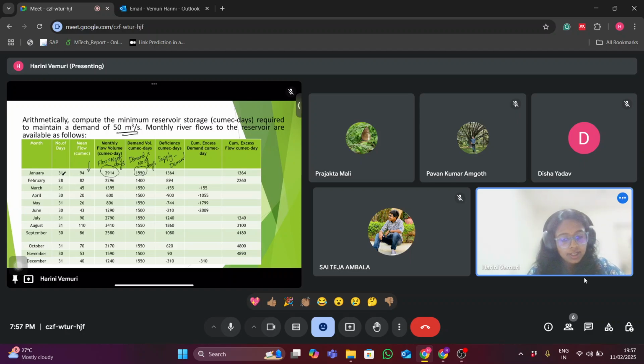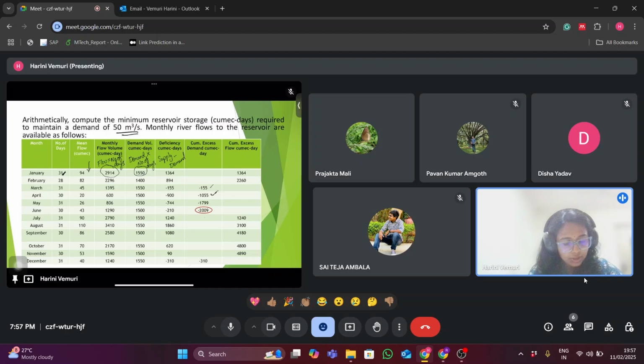Next we are only considering the cumulative excess demand, where the demand is more than the supply. Only those rows we will be taking out. All the negative values are given, and we will do the cumulative. Here, minus 1.55 plus minus 900 is the value in the second row. Like this we will add, and only in consecutive months we will add the values.